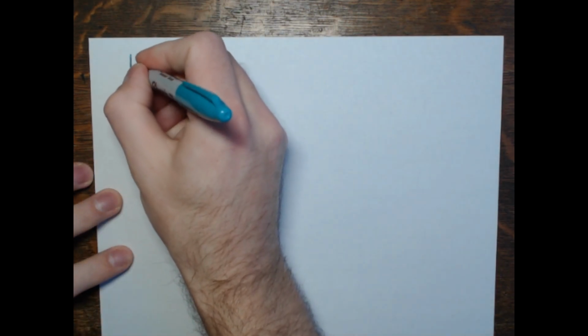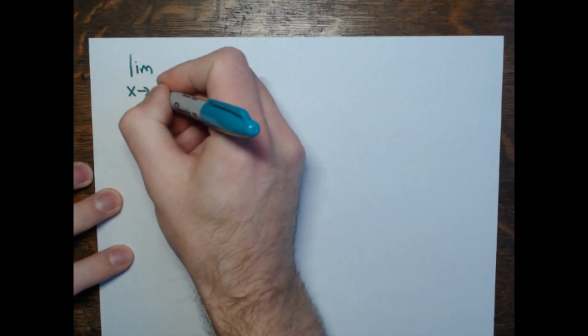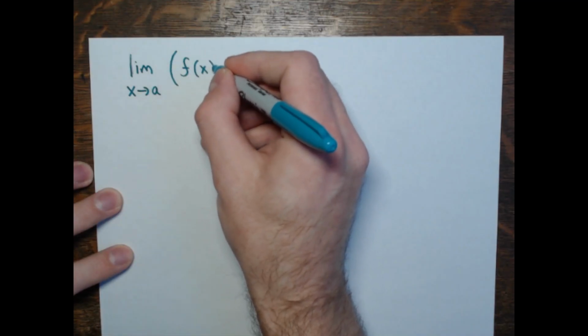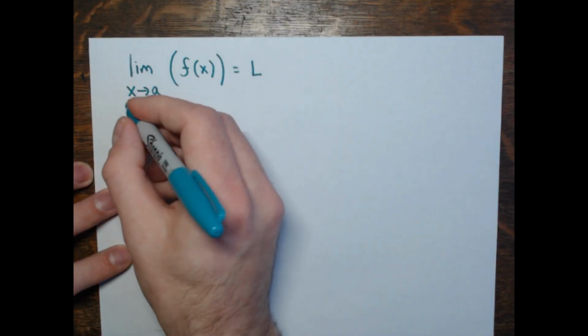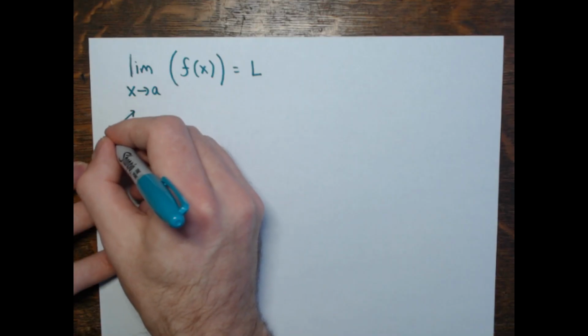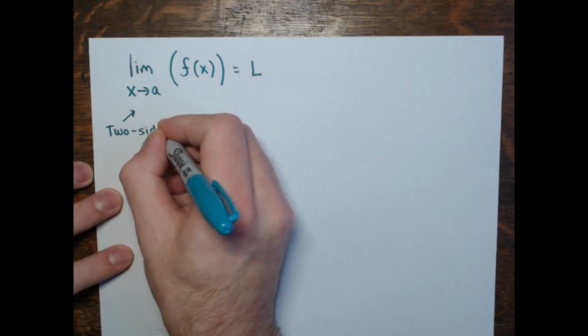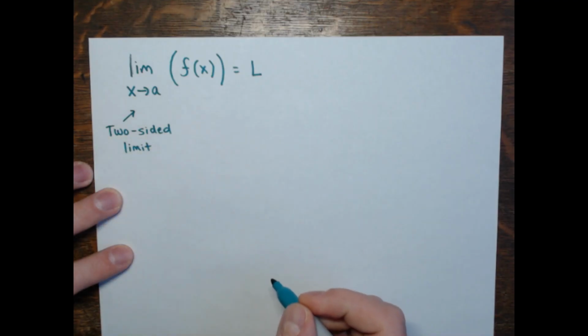Again, this is the notation we saw earlier: the limit as x approaches just plain old a of some function equals, say, L. We didn't call it this earlier, but they are going to now. This is a two-sided limit.